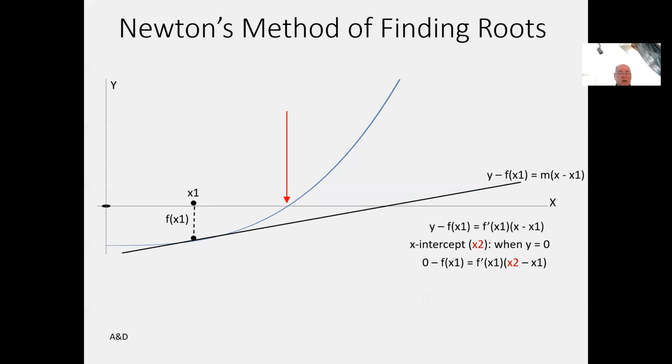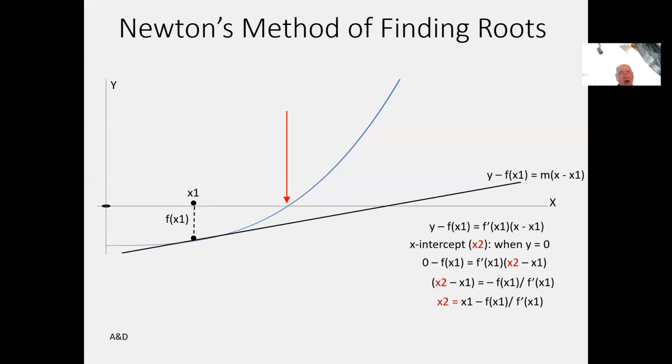By making y 0 the solution to this equation, x now becomes x2. My unknown is now the place where y is 0, which is on the x-axis. I can go ahead and solve this equation for x2. A couple of steps, a couple of things on both sides.